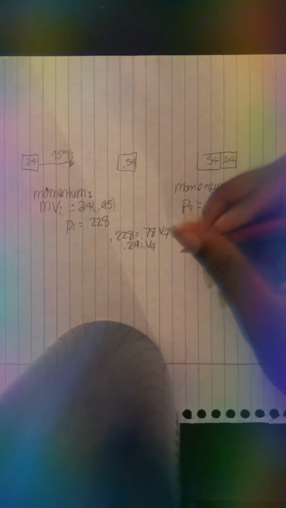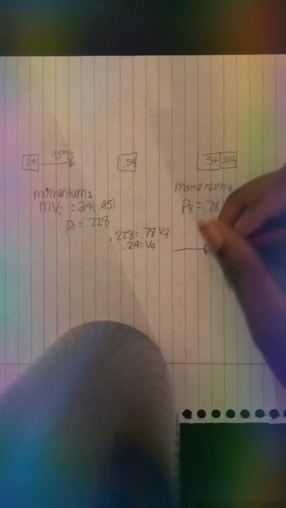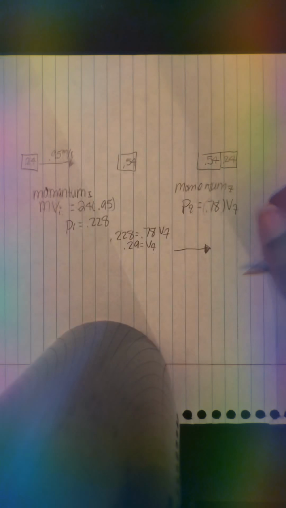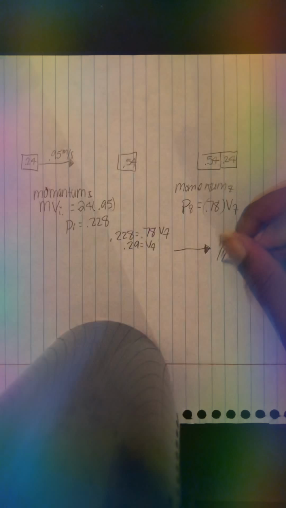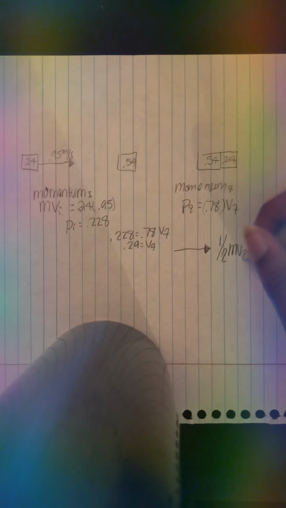Next, we can go on to the conservation of kinetic energy. With that, we have 1/2 mv squared equals 1/2 mv squared.